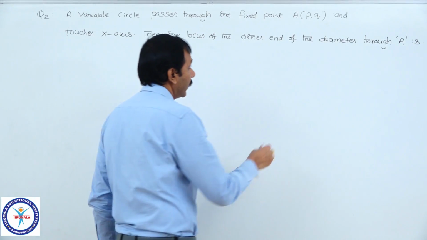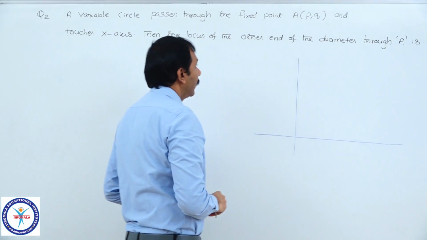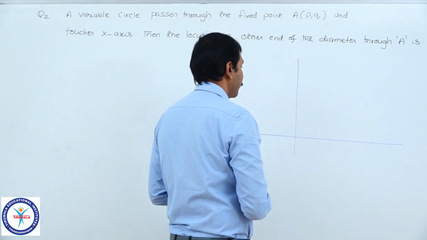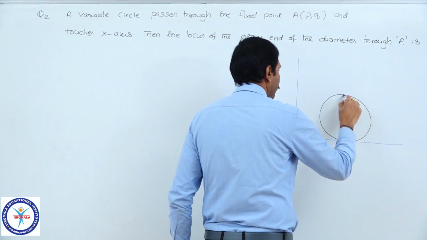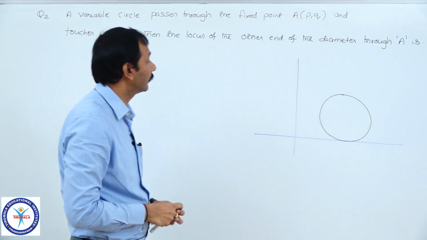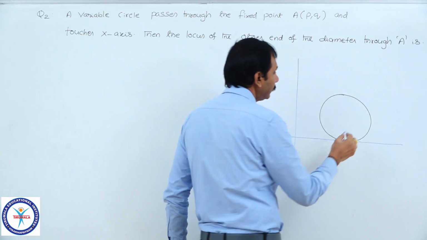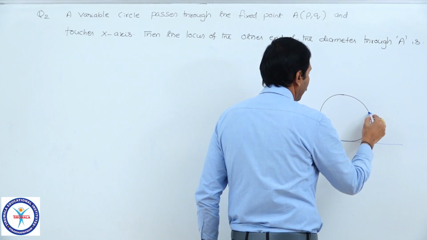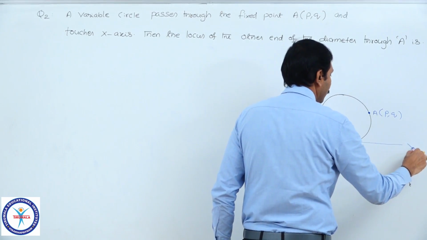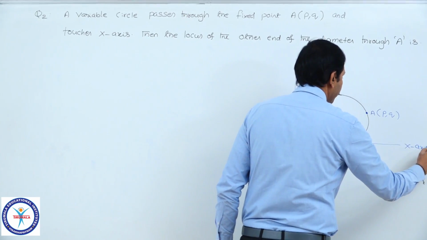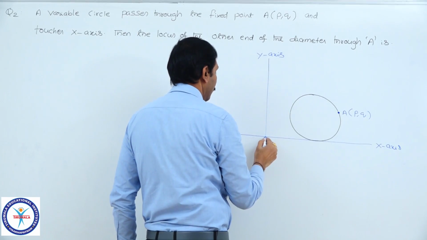Let us draw this diagram. A circle which touches the x-axis. Suppose let us take this is the circle and it is passing through a point capital A somewhere, whose coordinates are P, Q. It is the x-axis and it is the y-axis. Let it be the origin.